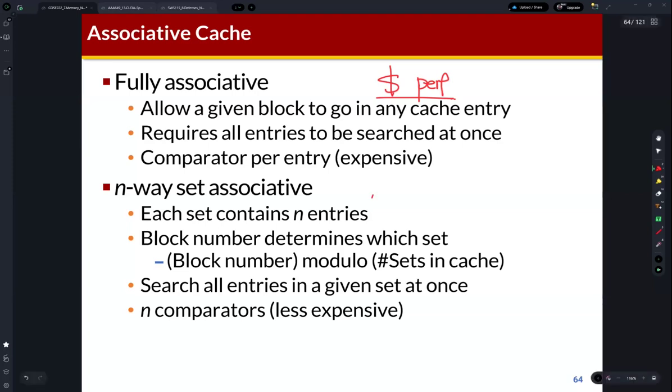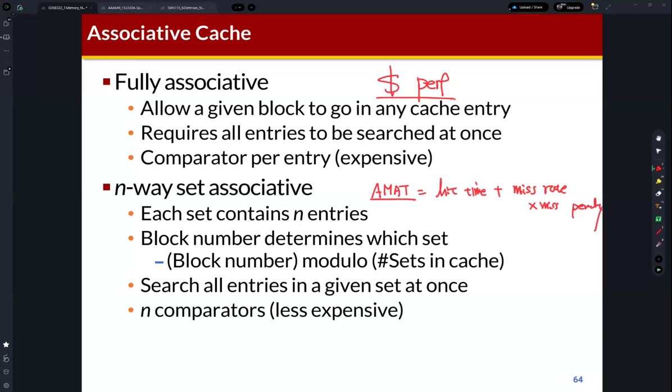So if you see the AMAT equation, it's the hit time plus the miss rate multiplied by miss penalty.